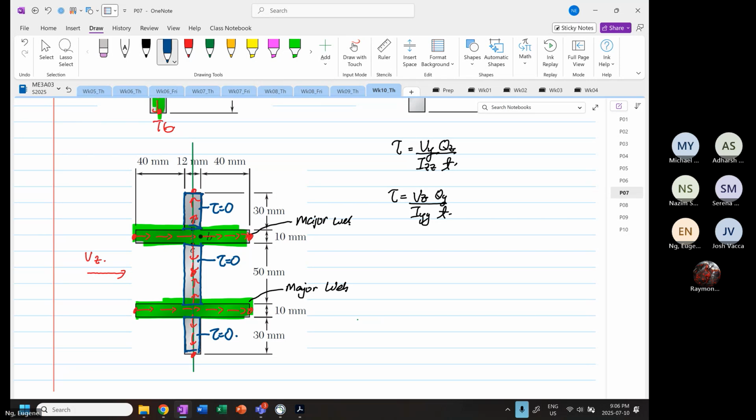Why? Can someone tell me why? Why is the shear stress equal to 0 if it's Vz? You can type or you can talk to me. I hope I can hear you. Anyone? Okay, I'll tell you.